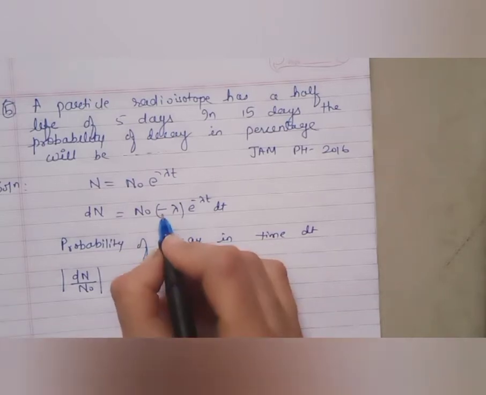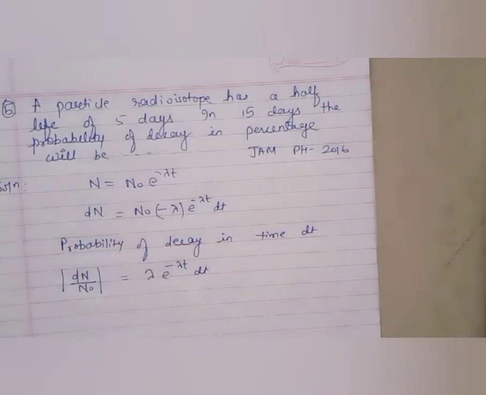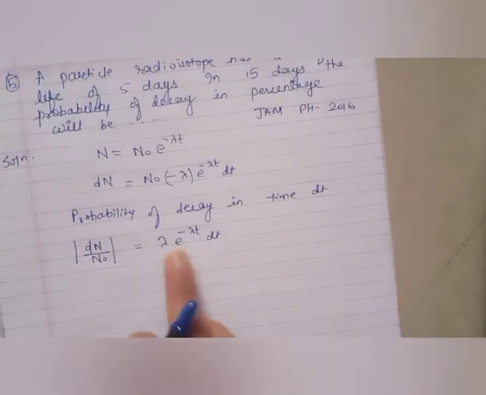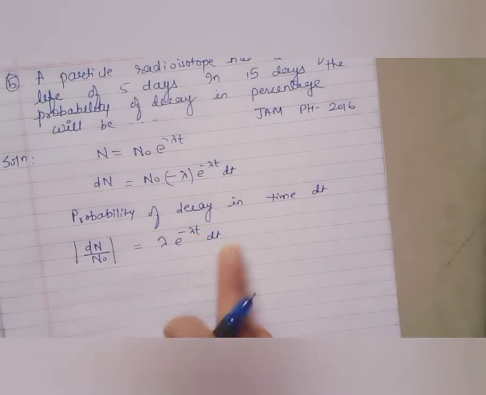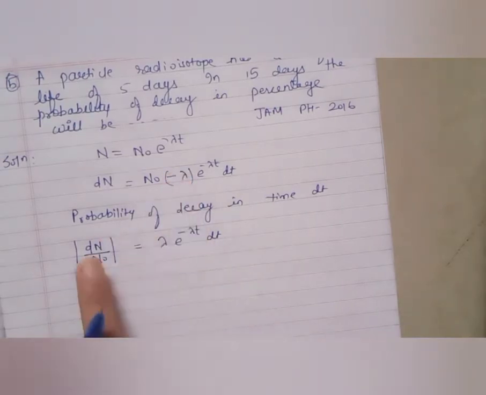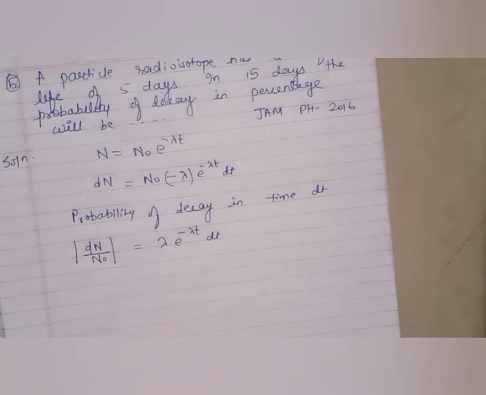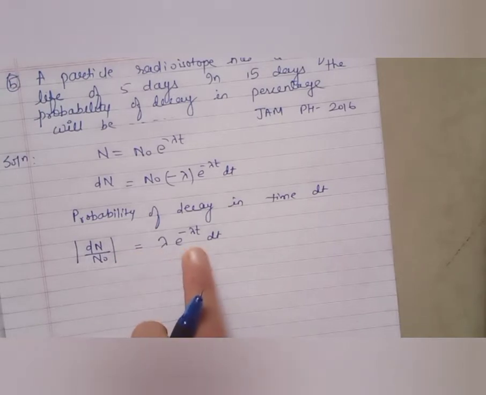I also shifted the minus sign along with it, shifted minus N0 to this side, and I have taken the modulus. So that is how I am getting lambda e raised to minus lambda t dt. Just take care of this minus sign. I shifted it with N0 and then I took the modulus. That is why I am getting dN by N0 equals lambda e raised to minus lambda t dt.